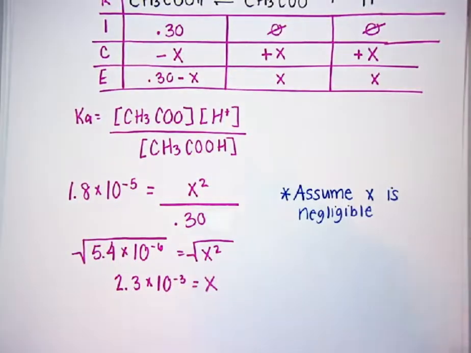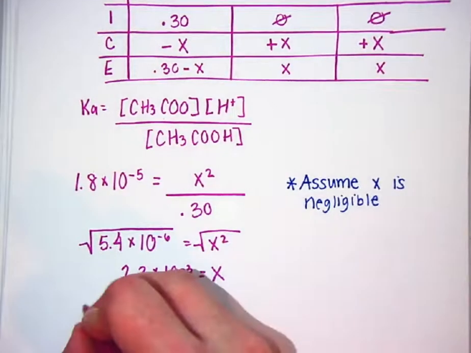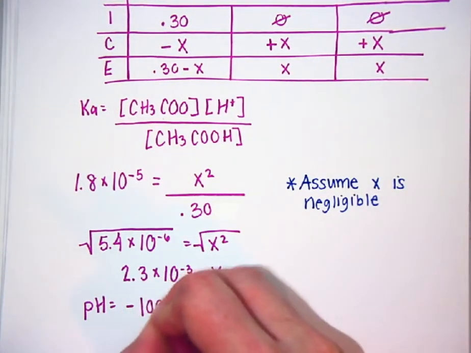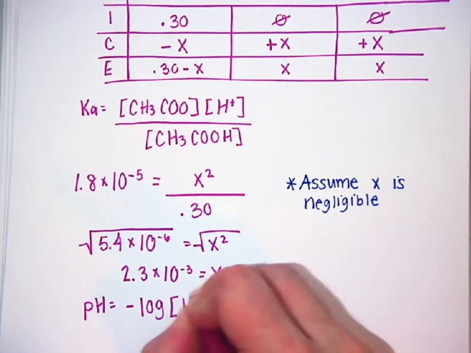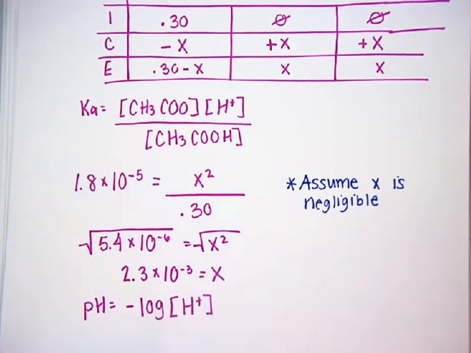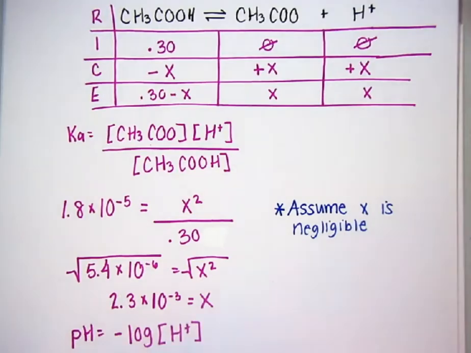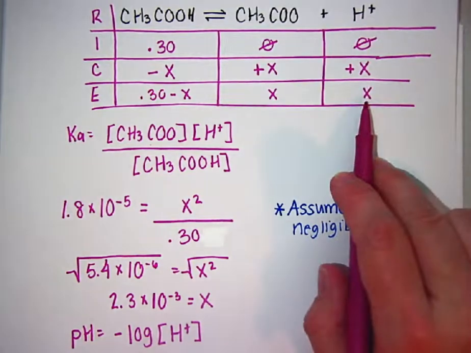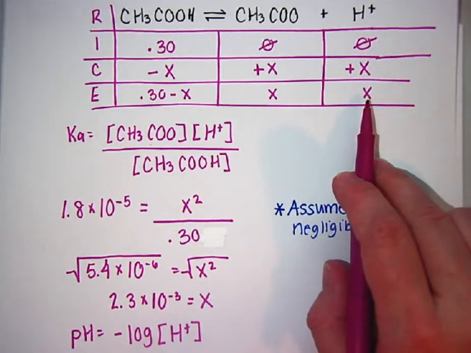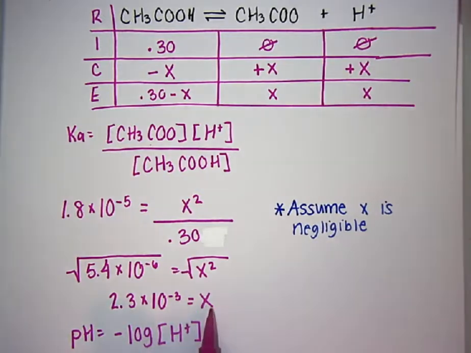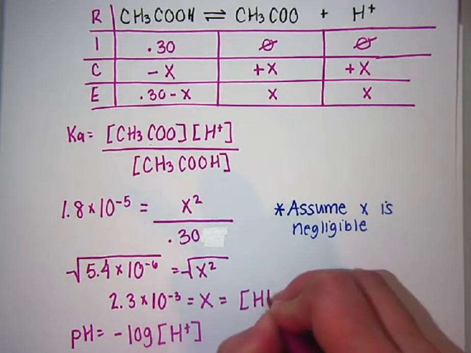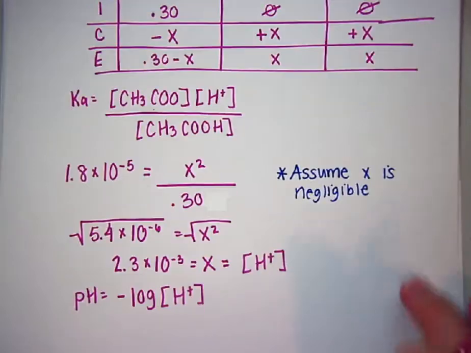Well, how do I calculate pH? pH is equal to the negative log of H+. The concentration of H+ is equal to x. So not only is this the concentration of x, this is also the concentration of H+.